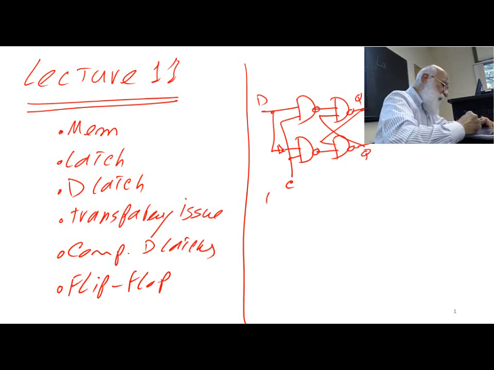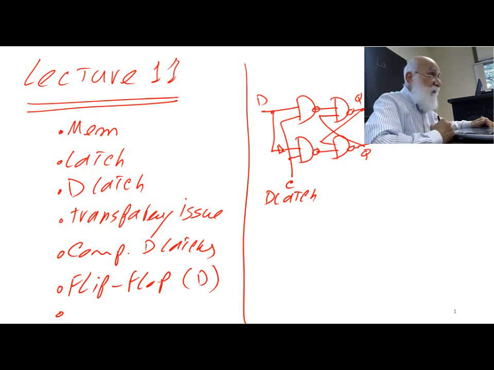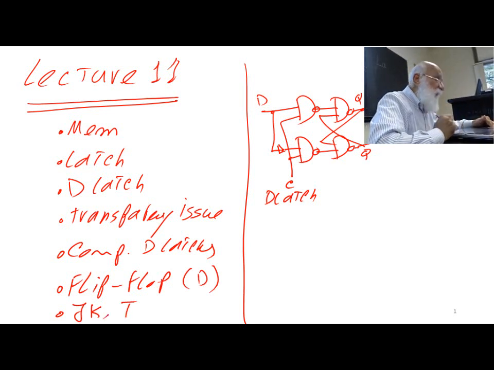Okay, so this is a D latch. Something else we did, we first started with the D flip-flop, and then we went back and fixed the SR and came up with JK, and then T flip-flops as well.